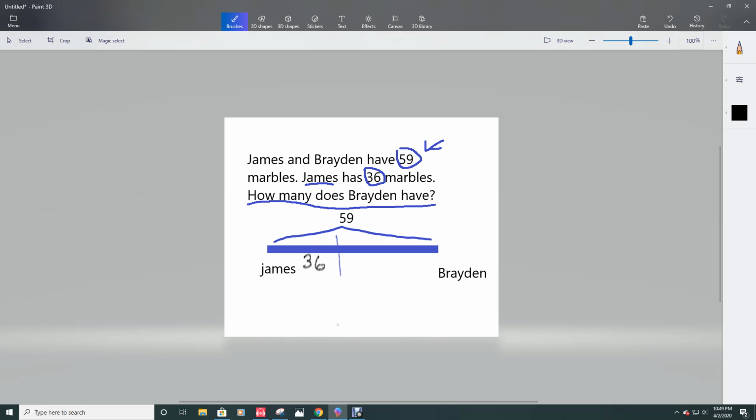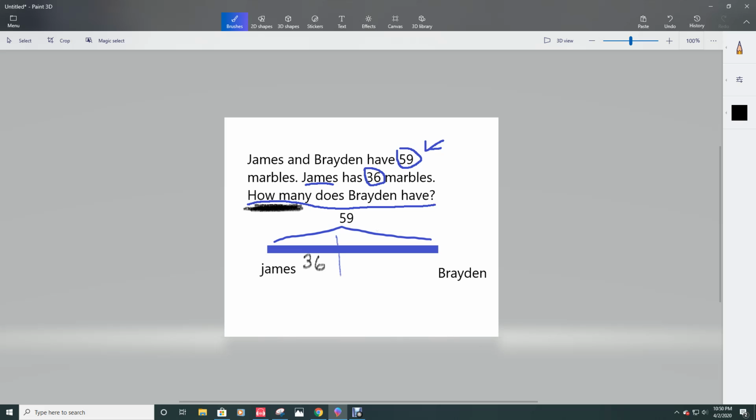And now we need to know how many Braden has. Our problem doesn't tell us because that's what they want to know, right here when they say how many. That's a very important question and those are important words right there, how many. How many does Braden have?